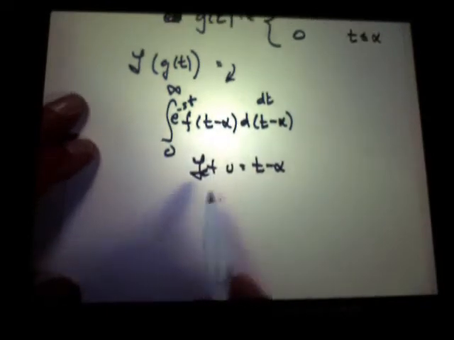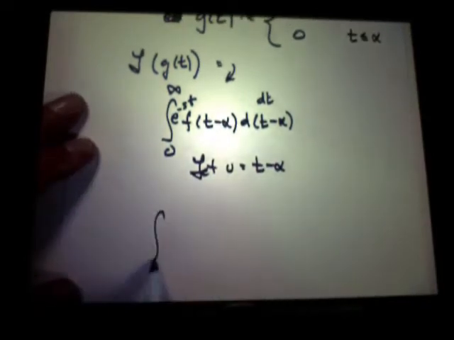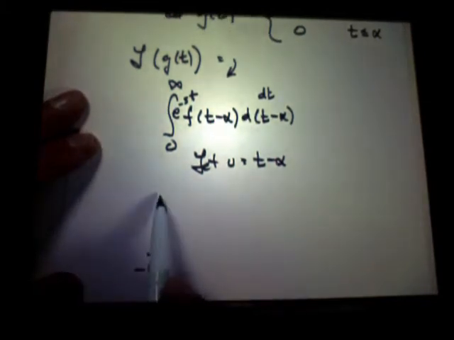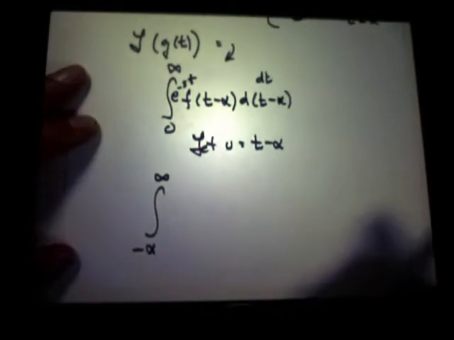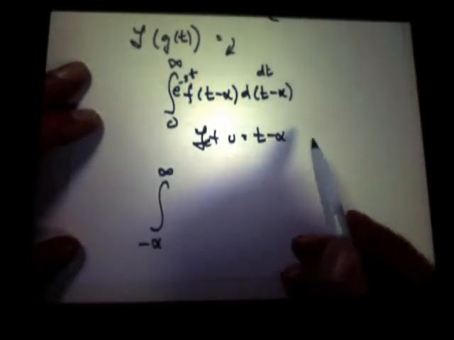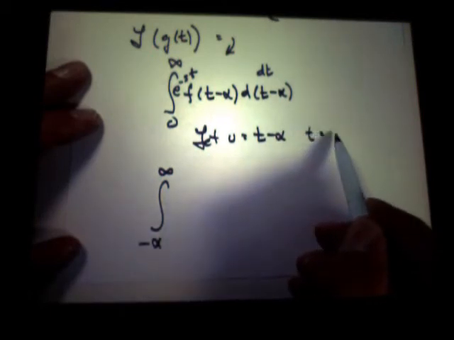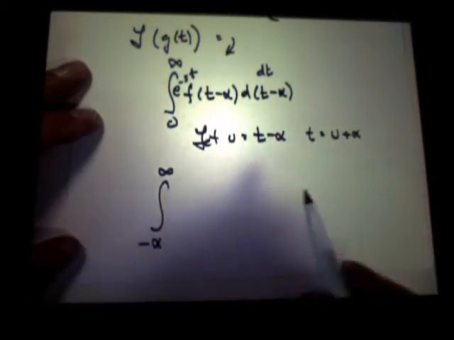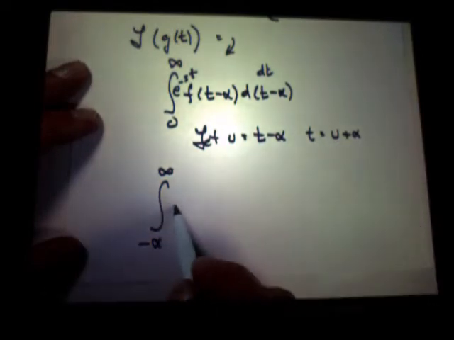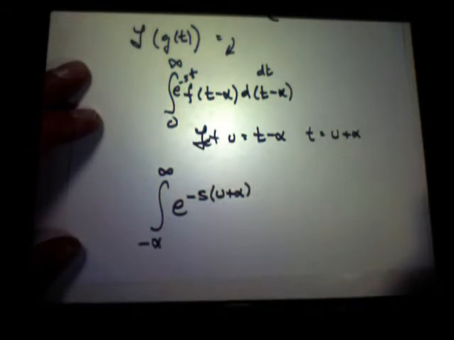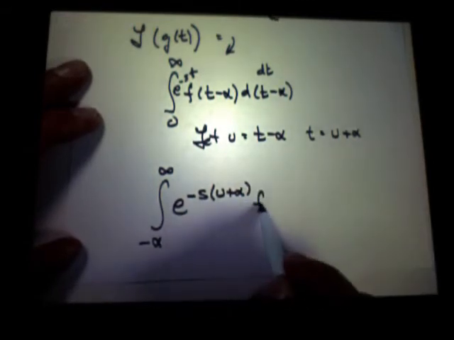So when t is 0, u is minus alpha, right? And then when t is infinite, u is 0. And then t is u plus alpha. So e to the minus st is e to the minus s times u plus alpha, f of u.